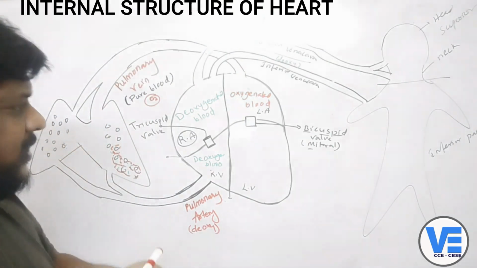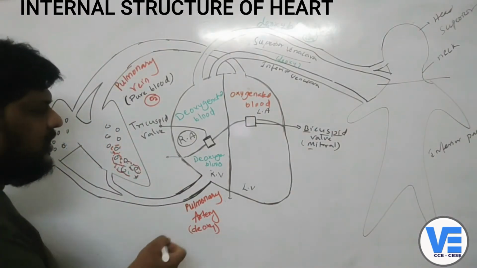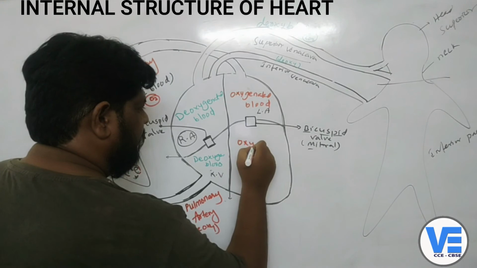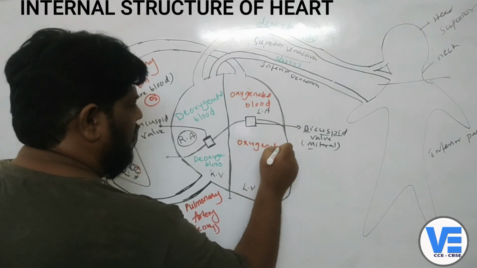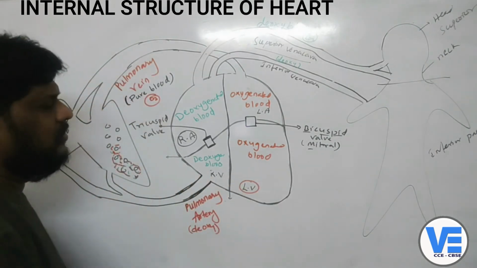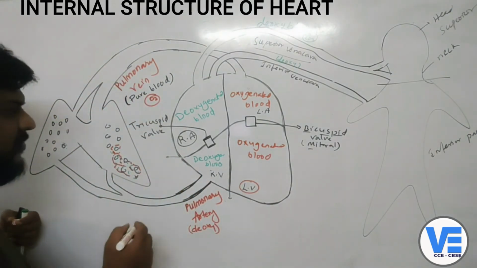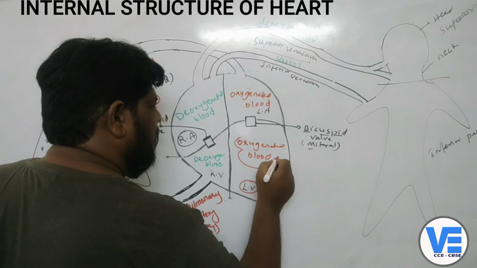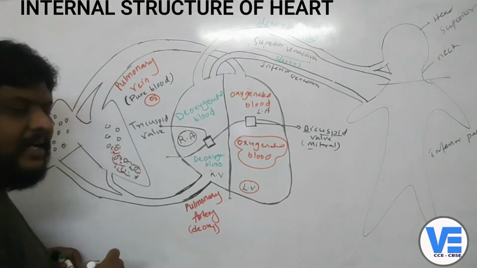So through this mitral valve, the oxygenated blood will come to the left ventricle. That means the left ventricle will have which blood? It will have the oxygenated blood.